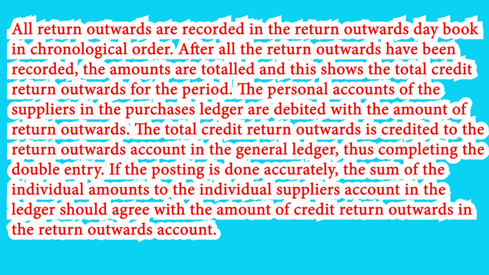The total credit returns outwards is credited to the returns outwards account in the general ledger, thus completing the double entry. If posting is done accurately, the sum of the individual amounts to the individual suppliers' accounts in the ledger should agree with the amount of credit returns outwards in the returns outwards account.